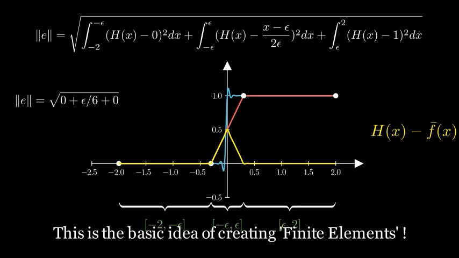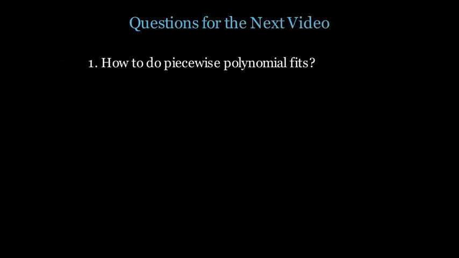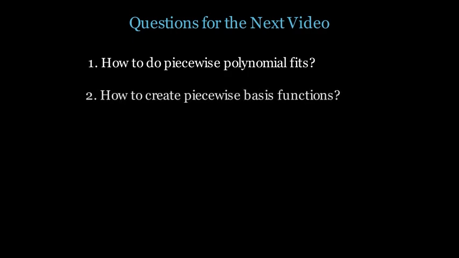So here we can clearly see that the error is now a function of epsilon, and if we create a very small epsilon, then the error itself will be very small. So now these are the questions that we are going to answer in the next video. First will be how to do these piecewise polynomial fits. Then second will be how to create piecewise basis functions.